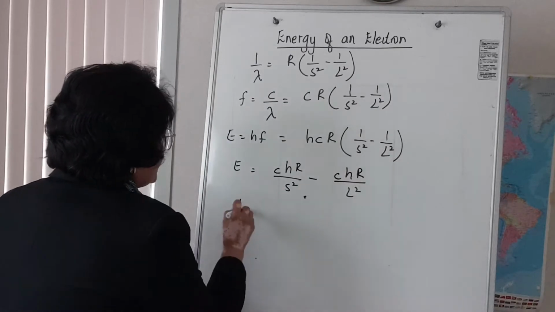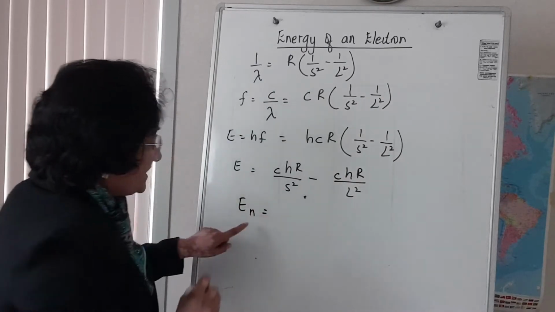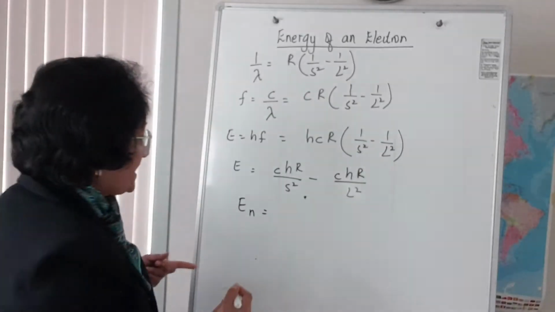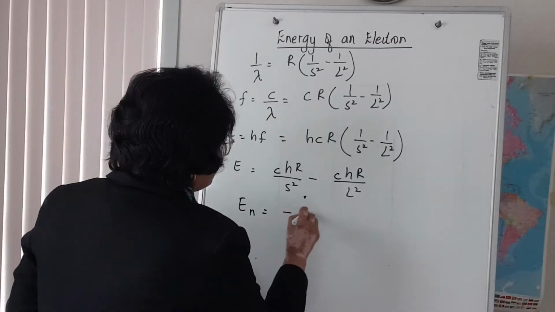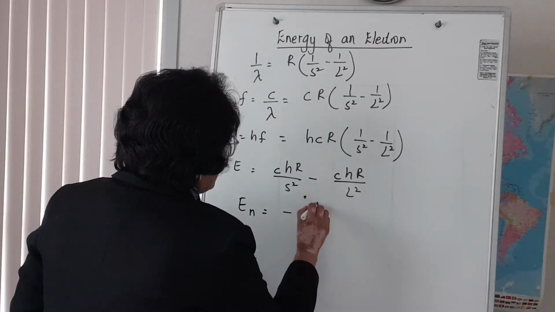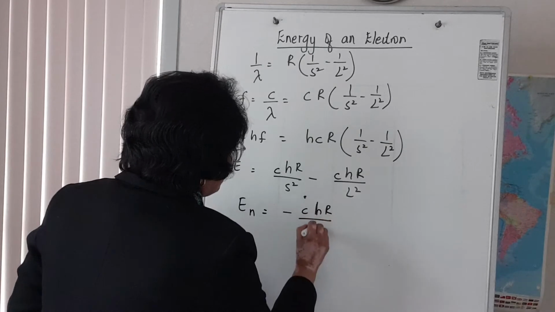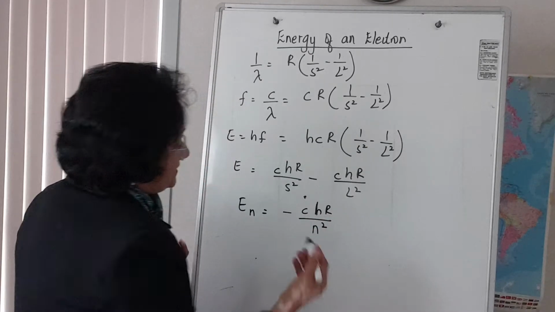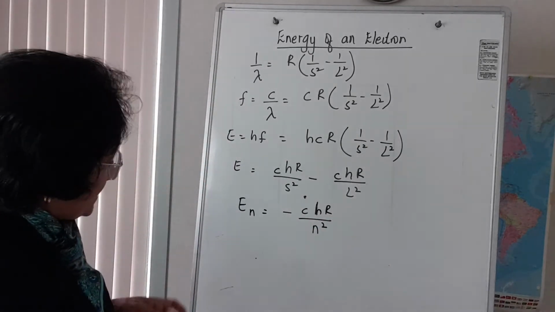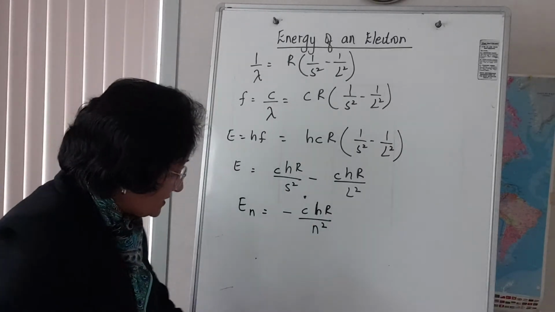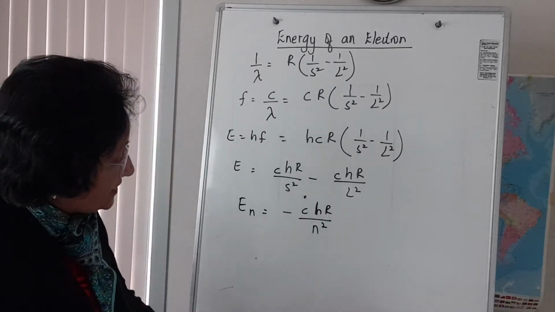And the energy of an electron at any level, where n stands for any level, is given by negative hcR over n squared, where n stands for whatever energy level it is. Now just to elaborate on what c, h and R are.